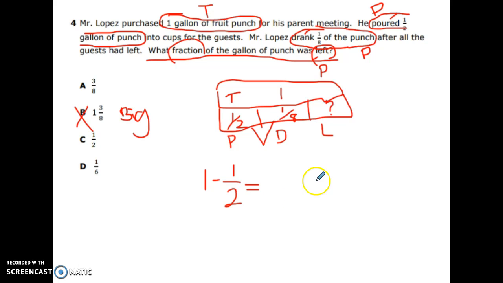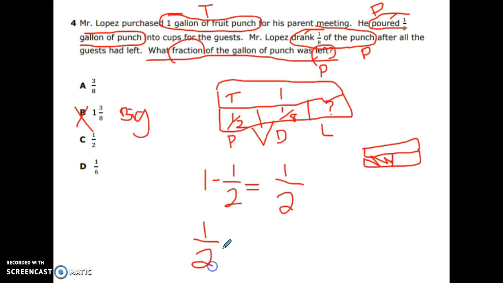I know if I've got a whole thing and I cut it into 2 parts and I take away that 1 part, I've got, oh, look at that, 1 out of 2 parts left. So then I've got 1/2 left, and now I have to take away this 1/8, the part that he drank.